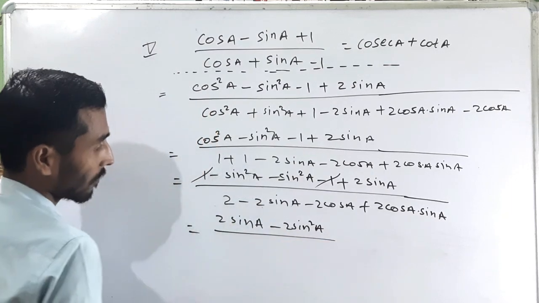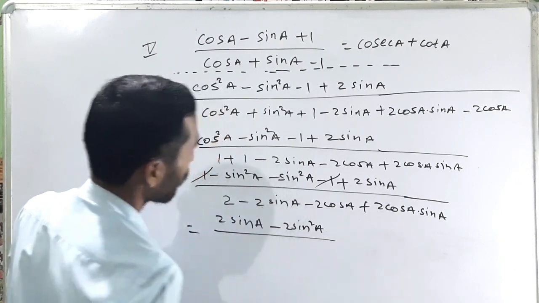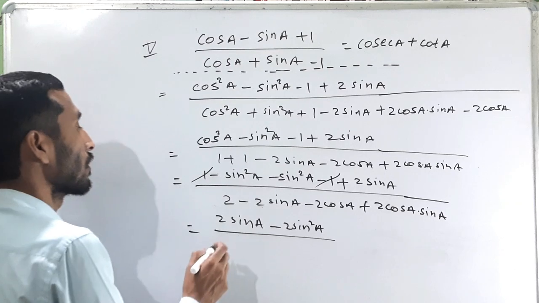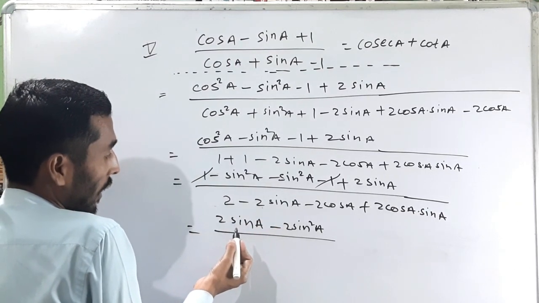We can take common as 2. When we take 2 common, then what will we get?